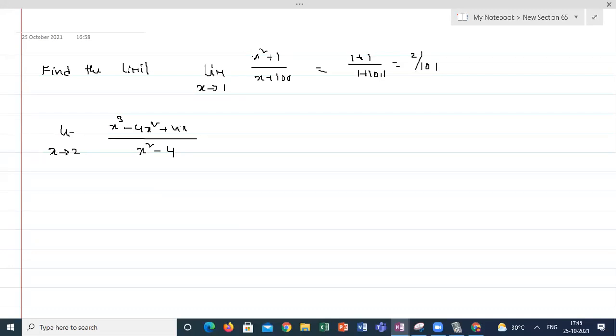If I apply the limit right away, what will I get? 8 minus 16 plus 8 divided by 4 minus 4, which is coming as 0 by 0. I can't take it as 0. This is called indeterminate form.